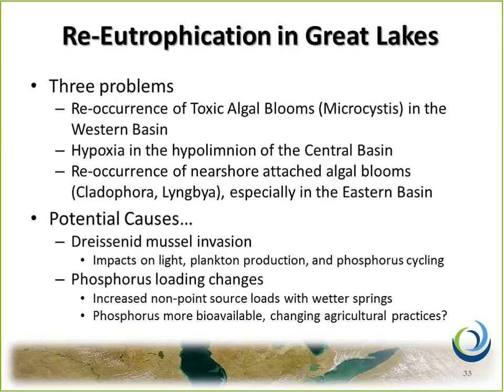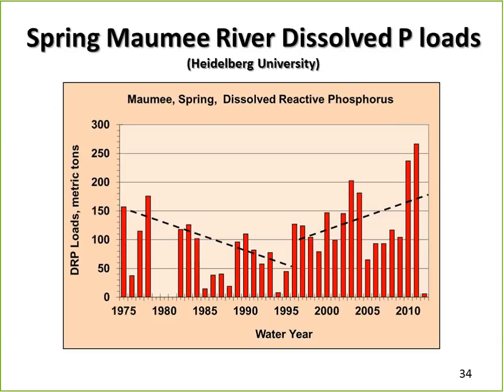Of the total that's getting to the Great Lakes, of those 11,000 metric tons, much more of it is in the form of soluble reactive phosphorus. And there's a graphic of that. Since about 1995, the trend has been a doubling of soluble reactive phosphorus. It's not completely understood why that is.